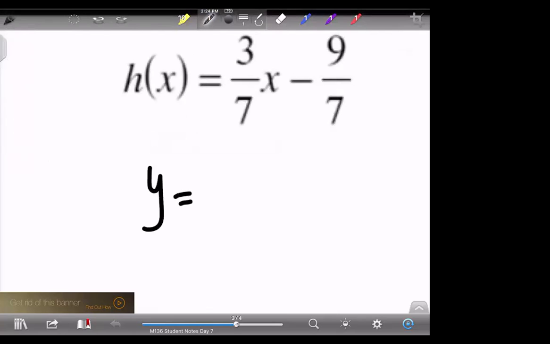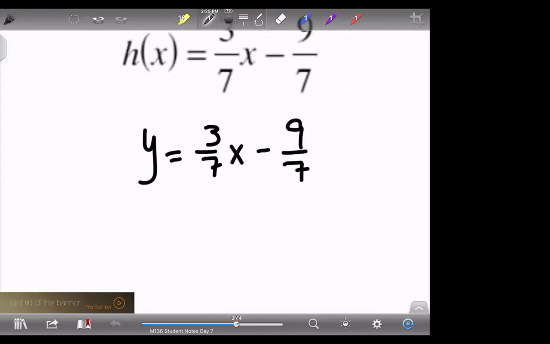So y equals 3/7 x minus 9/7. Step number 2, we want to switch our x's and our y's. So x equals 3/7 y minus 9/7.